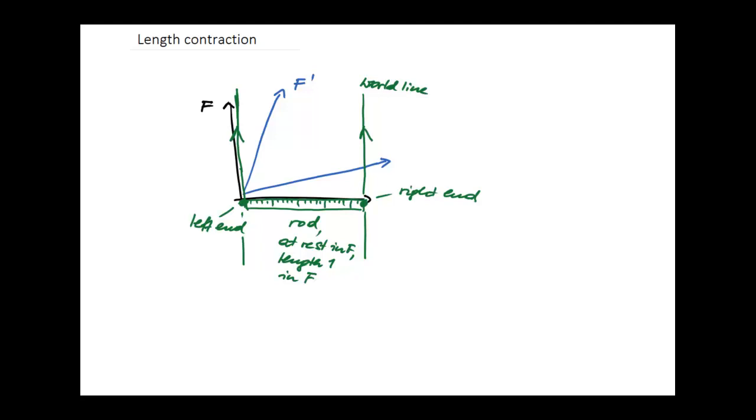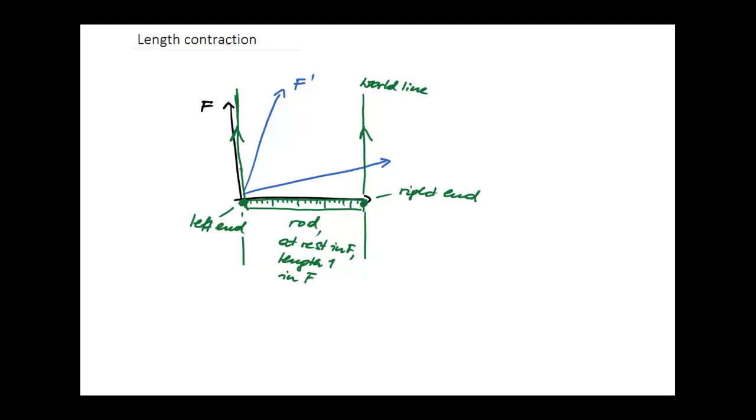That's also what observer f prime will do. So observer f prime will look at the left end of the rod and the right end of the rod at a certain time, the same time simultaneously in f prime, and will take the difference of the space coordinates, and this difference equals the length measured in f prime.